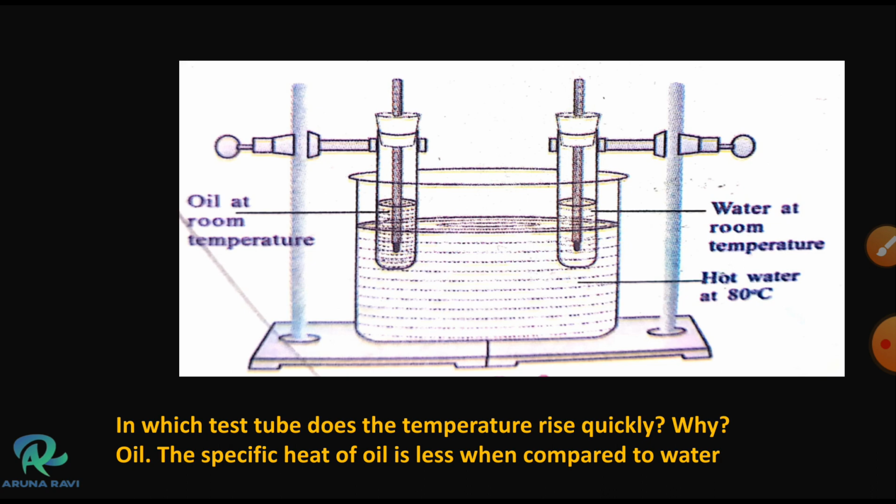They will ask you like that. Oil, because the specific heat of oil is less when compared to water, so the temperature rise will be high. Thus, for substances which have low specific heat, the temperature rise will be high. Remember that point.